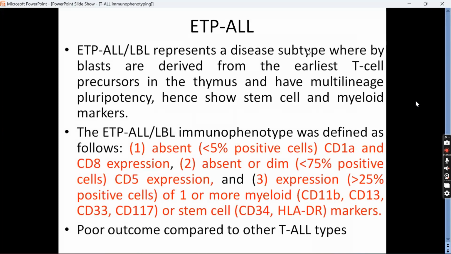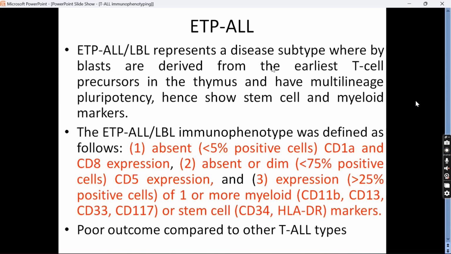Now, what is ETP-ALL? ETP-ALL represents a disease subtype of T-ALL whereby the blasts are derived from the earliest T cell precursors in the thymus. As I said, the common lymphoid progenitor from the marrow comes into the thymus after it decides to become a T cell, and when a leukemic transformation happens at that stage after entering the thymus, that is called ETP-ALL.